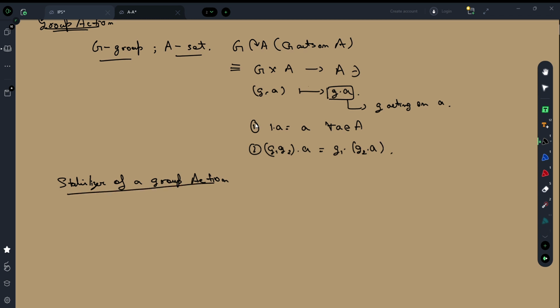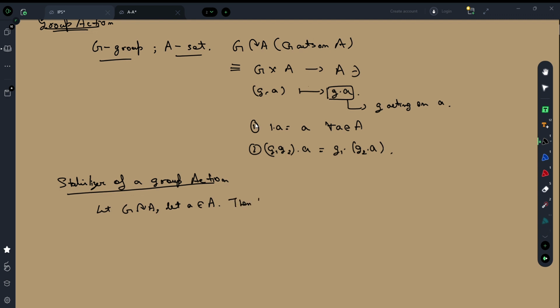Precisely, let us start with the group action first. Let G act on A, and let us fix an element a from capital A. Then we define what we call the stabilizer of a for this group action.